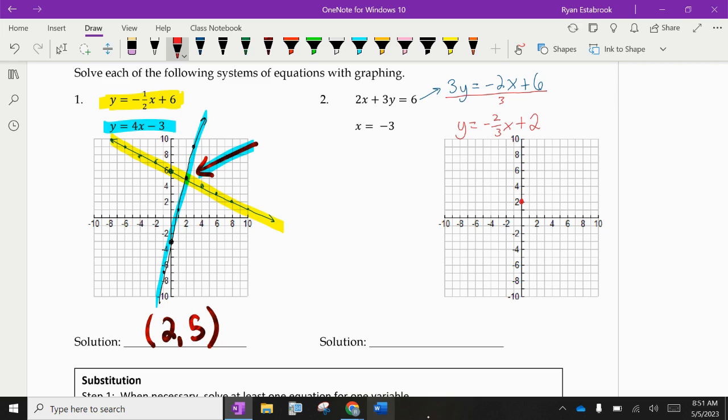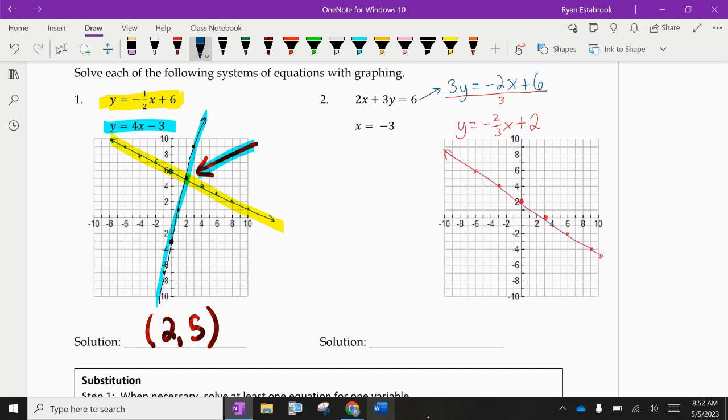So down 2 over 3, or up 2 left 3, up 2 left 3, one more time, up 2 left 3, draw my line. There's the first one.